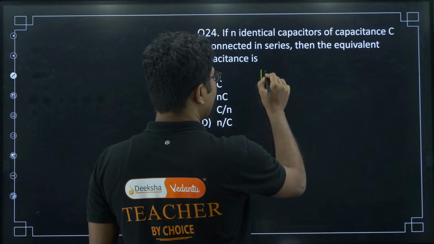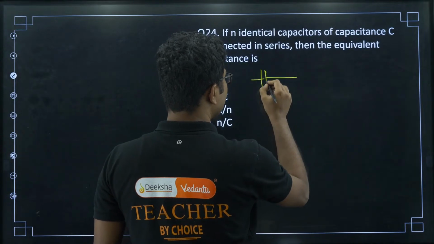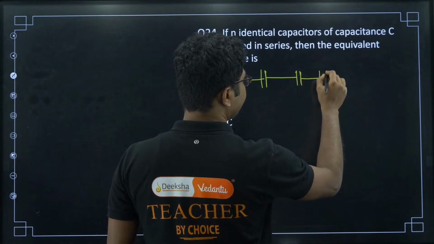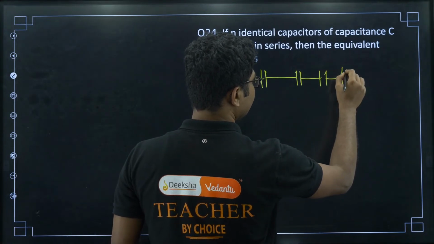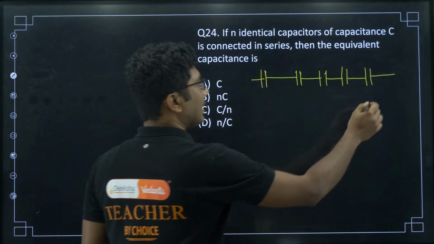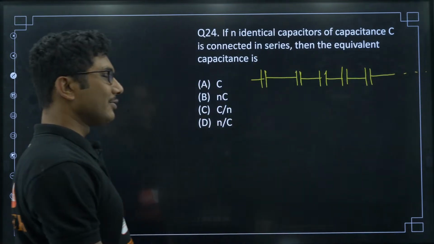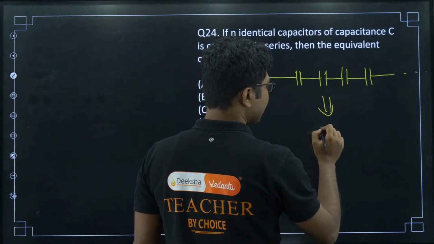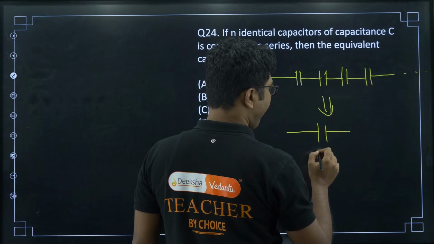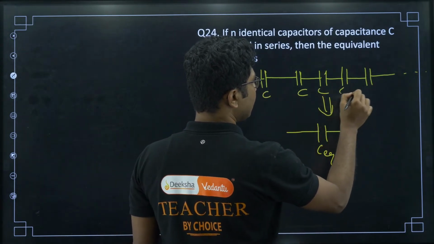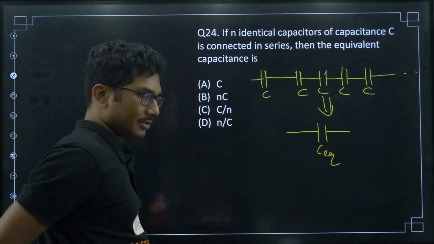So, there are n capacitors connected in series. What is the equivalent capacitance? Suppose C, C, C, C, C, all of them are C.